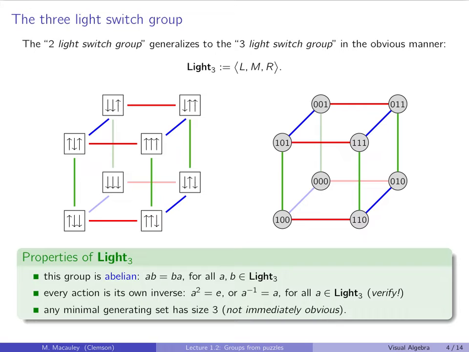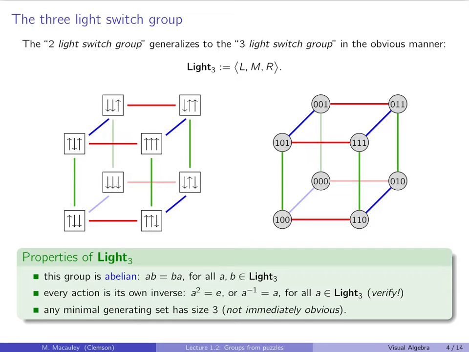And notice that blue-red equals red-blue, blue-green equals green-blue, and there's one more, green-red equals red-green. Because if the order doesn't matter for the generators, and you can write everything in the group using generators, then the order doesn't matter for anything, because you can always swap the order of any 2 generators.